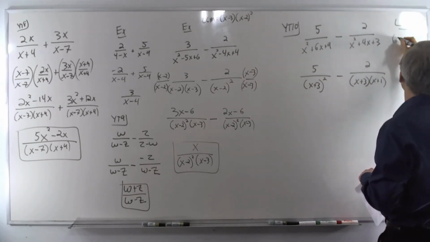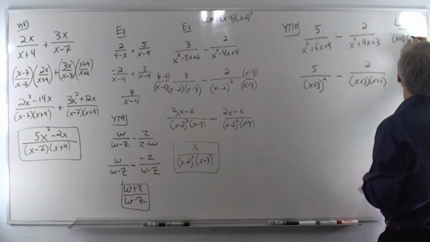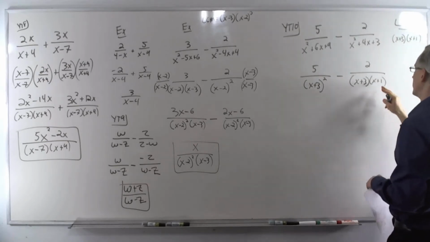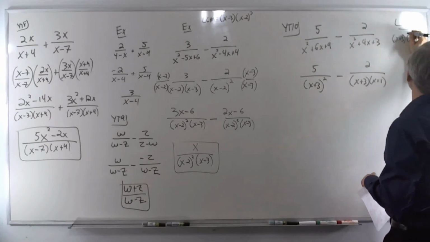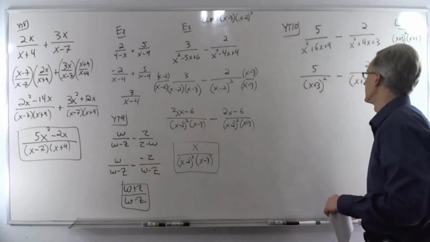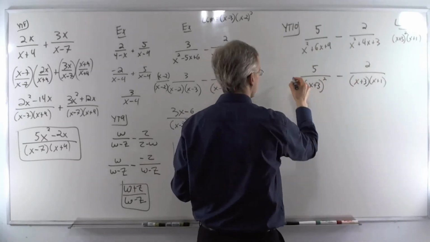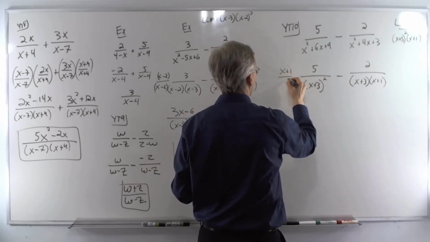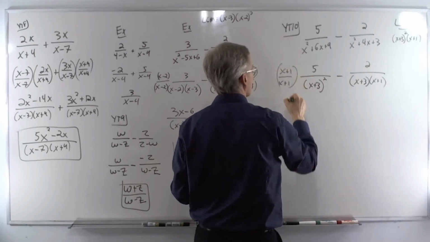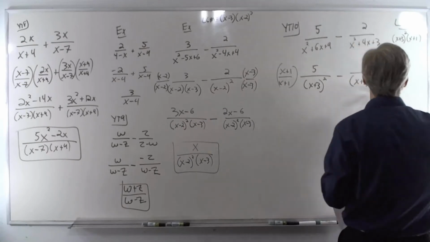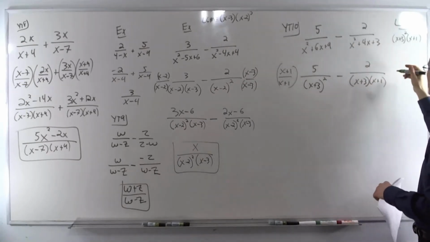We have x plus 3 and x plus 1. Highest exponent of x plus 3 is 2. So there is our LCM. All right, we have both of the x plus 3's on this side. We need the x plus 1. And on this side, we have the x plus 1 and one of the x plus 3's. We need one more.